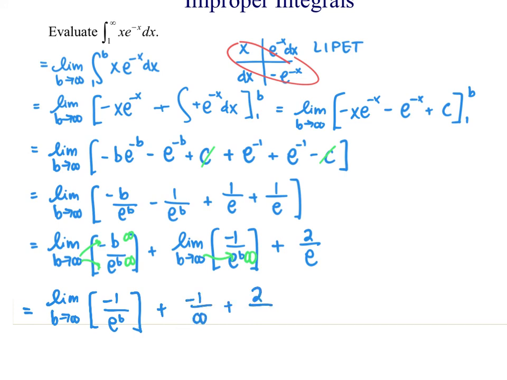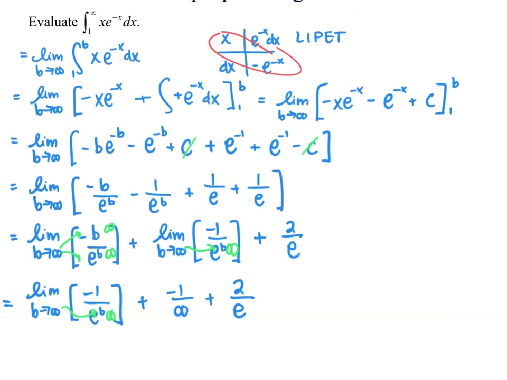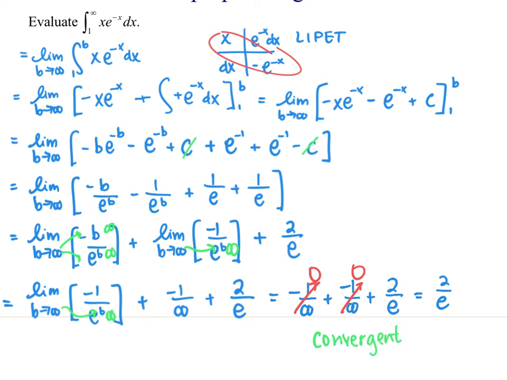And then I have 2 over e, which is a constant. So now I'm ready to plug infinity in here, which is going to give me negative 1 over infinity again. So all together, I end up with negative 1 over infinity plus another negative 1 over infinity plus 2 over e. Both of these go to 0. So I end up with 2 over e as a convergent value to the improper integral.